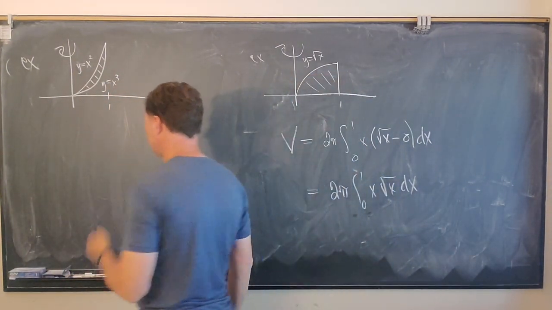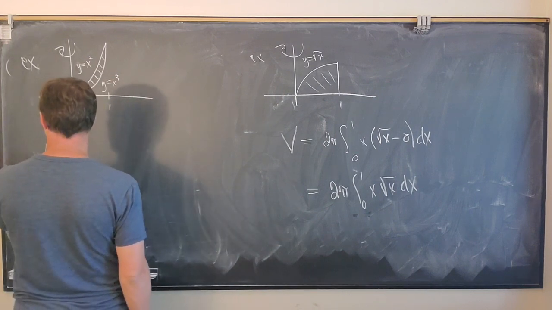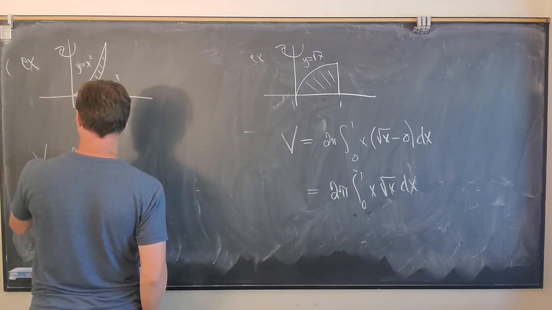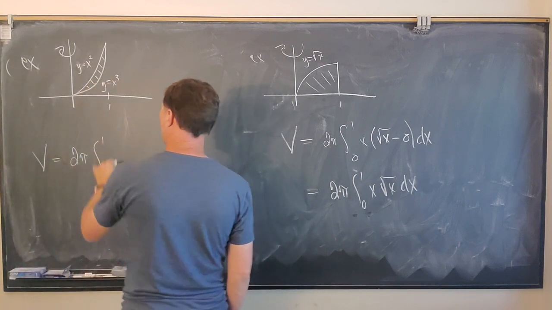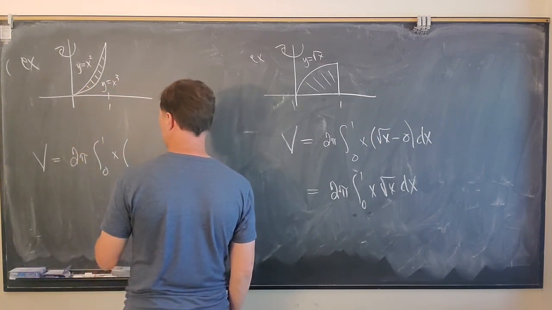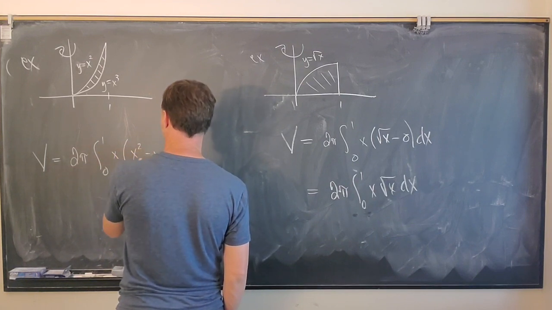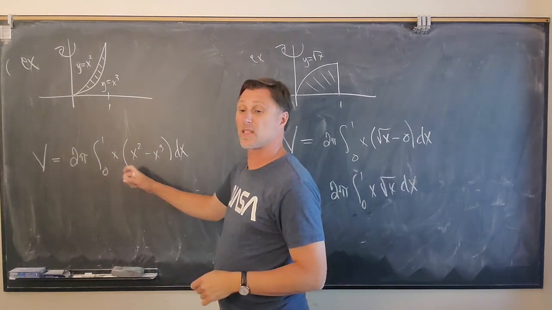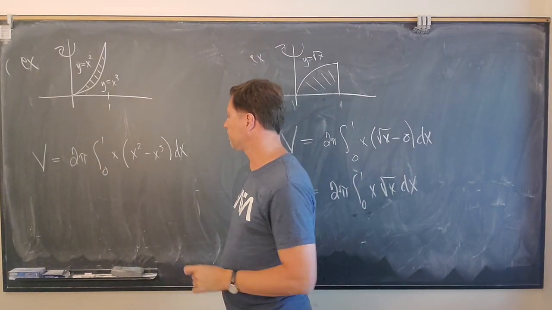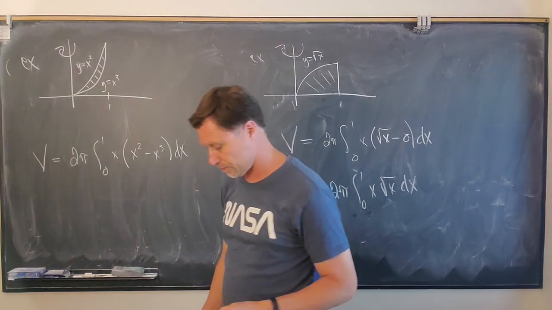Now if we set up the integral for the volume, it'll be V equals 2 pi integral from 0 to 1 of radius times height, x times top function minus bottom function. So that computes the volume.